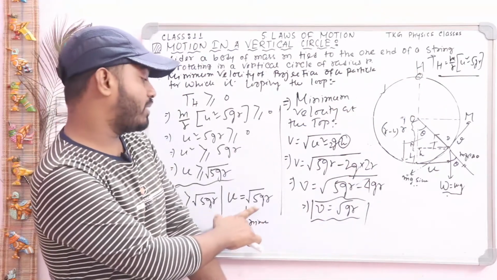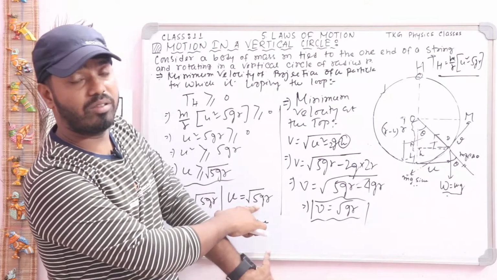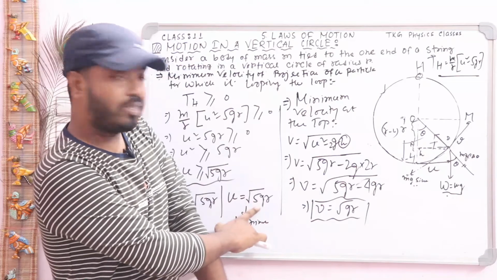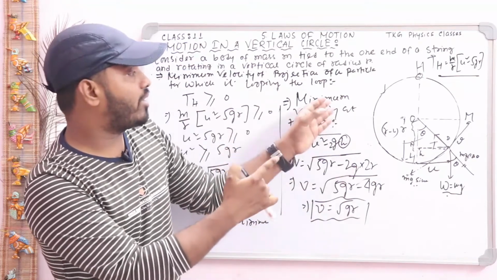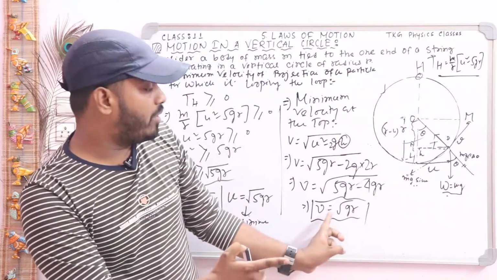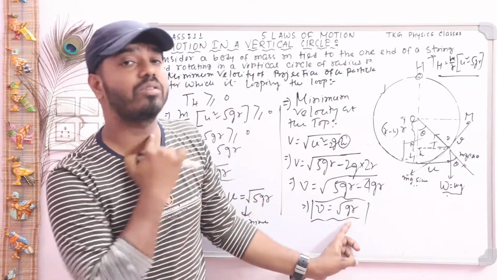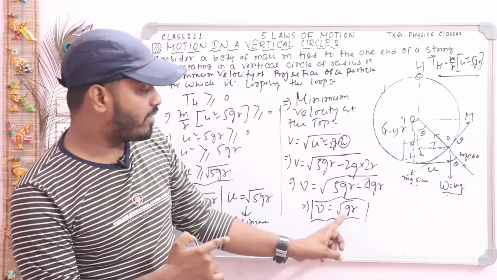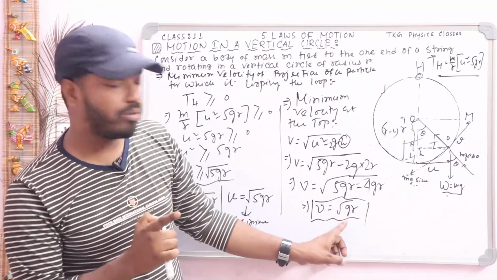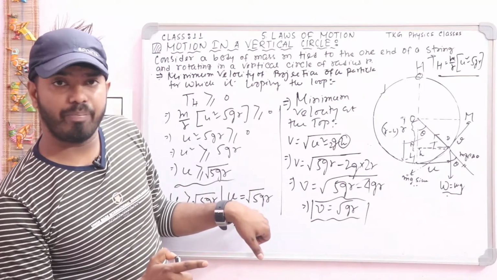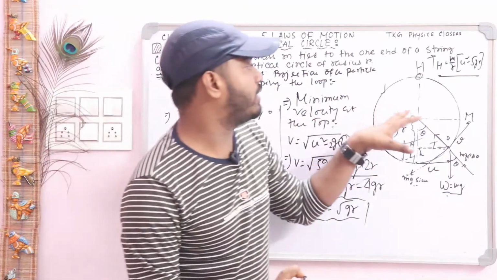That's why it is also named the critical velocity. Using this velocity you find the minimum velocity at the top. So v equal to root gr is also named the critical velocity, because it arises when you use the minimum value of u. Okay, so this is our derivation.